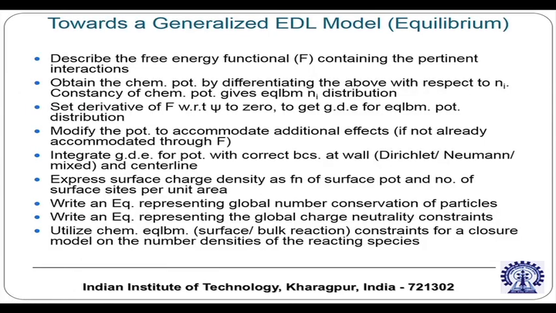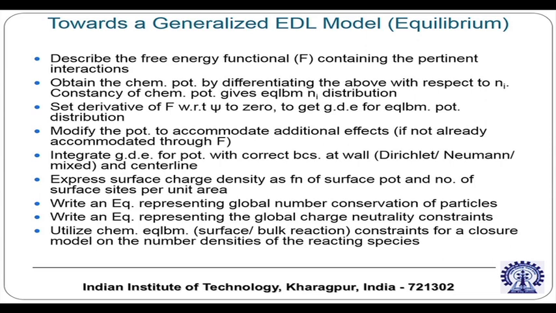So how can you get a generalized EDL model? We have discussed how to incorporate one of the effects, but there could be many other effects like the solvation interaction, image charge effect, so many other effects are there. So describe the free energy functional containing the pertinent interactions. In the free energy there may be additional expressions because of additional interactions.